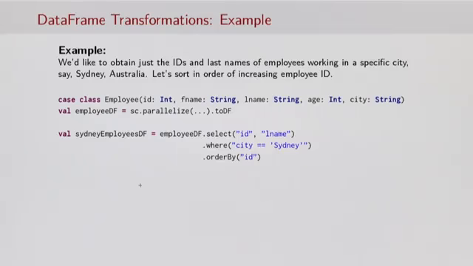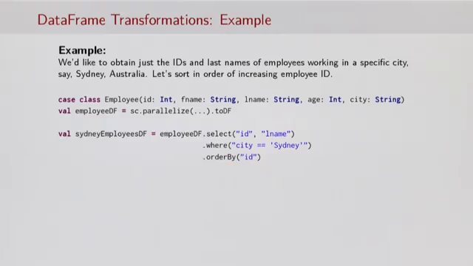In the previous session, we used a select statement followed by a where statement followed by an order by statement. We can do essentially the same thing here. Given the employee data frame, all we have to do is select the ID of the employee and the last name of the employee. Now we've selected those two columns, and then we filter out everybody who does not live in Sydney. And finally, we order the rows by the ID.